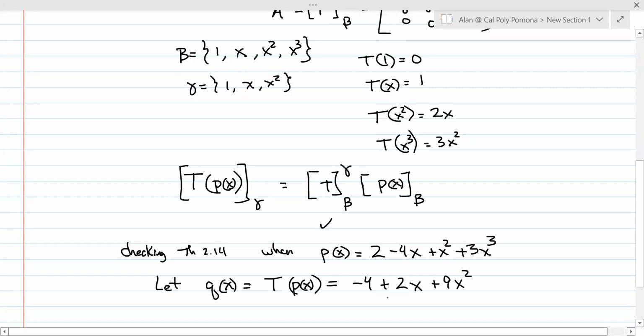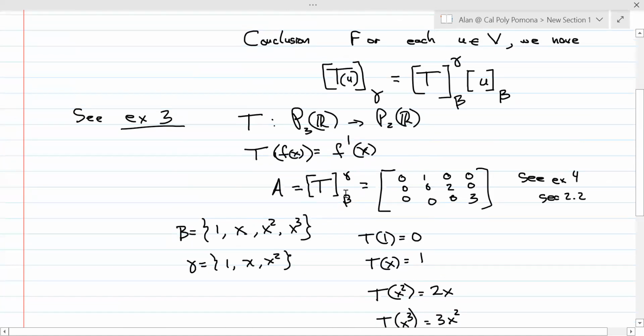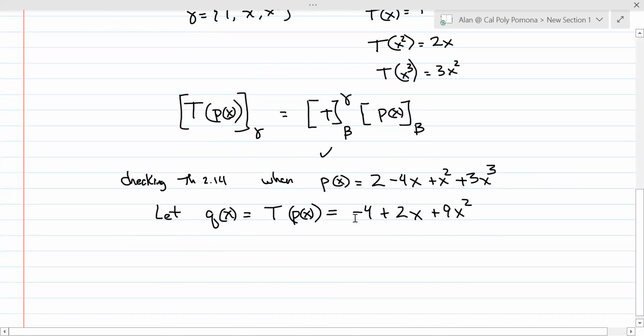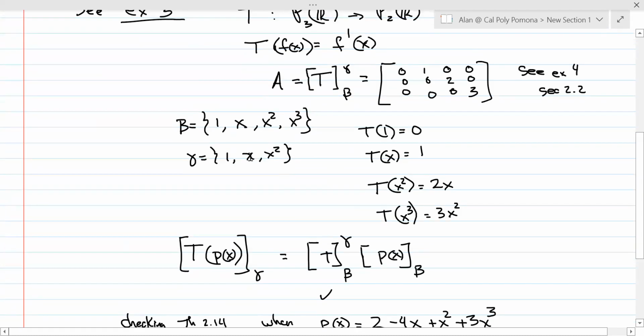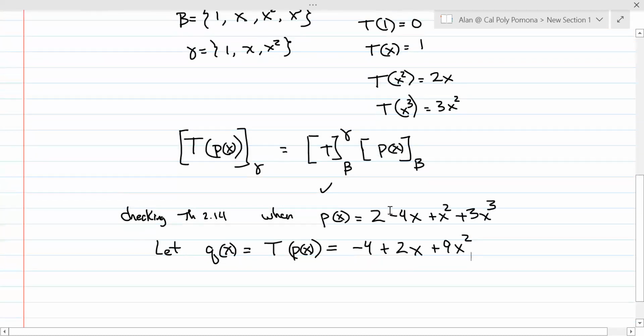And why do we need that? Well, we need that because what we want is what's over here. And what's over here is essentially saying take this vector, which is in P2, and just look at it in the gamma basis. So the gamma basis is the standard basis 1, x, and x squared, and it's already in that form basically. But in order to get the appropriate thing over here, we have to turn it into a column. And that's what they do.